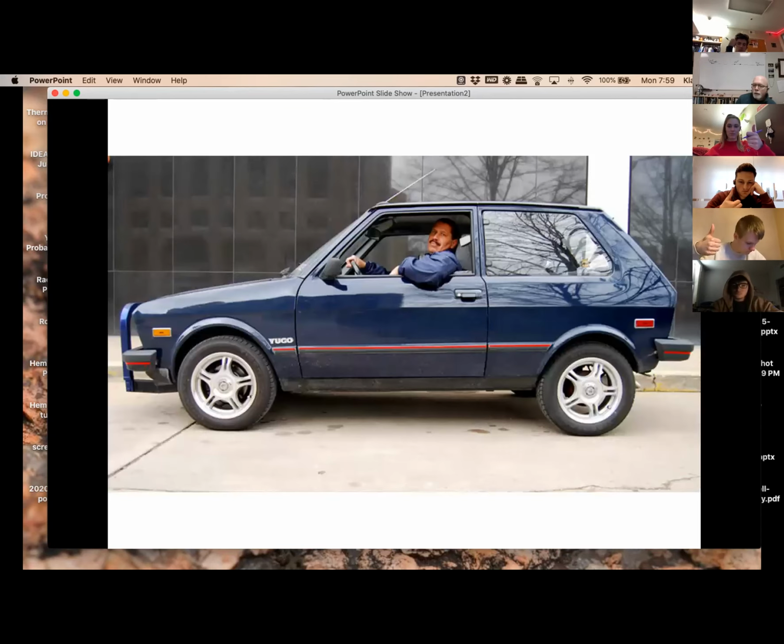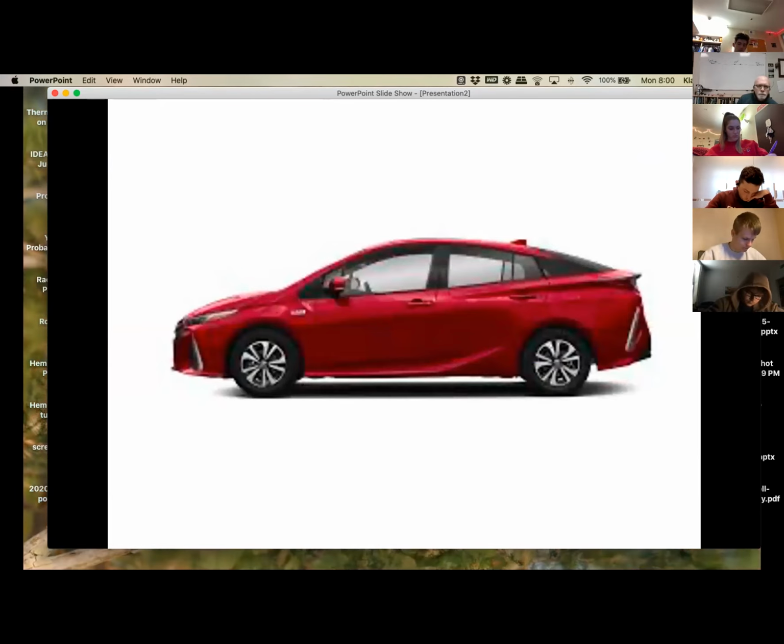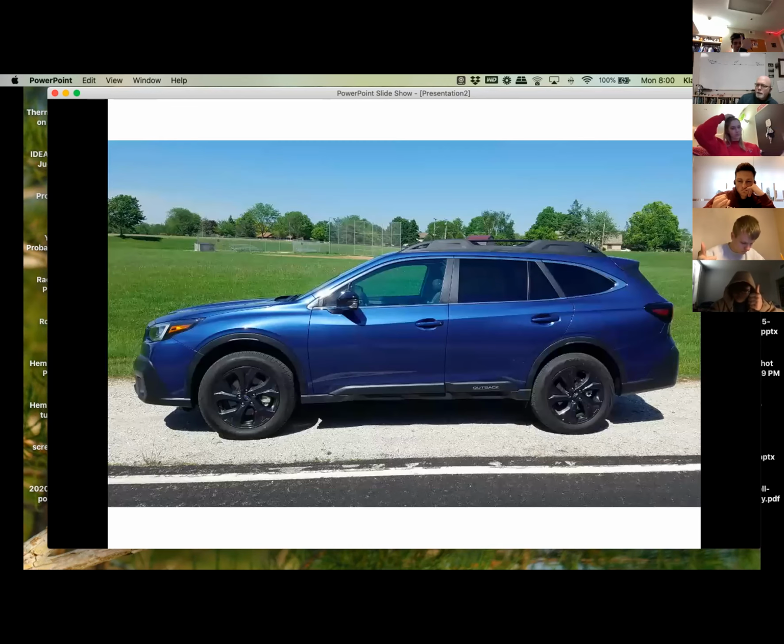All right. This is a 1970s Yugo. It was a Soviet bloc car back in the 70s. Give me a thumbs up when you're done with that one. This is a Toyota Prius. Unfortunately, it's kind of a low resolution photo of a Prius. Thumbs up when you're done. All right. This is a Subaru Outback.